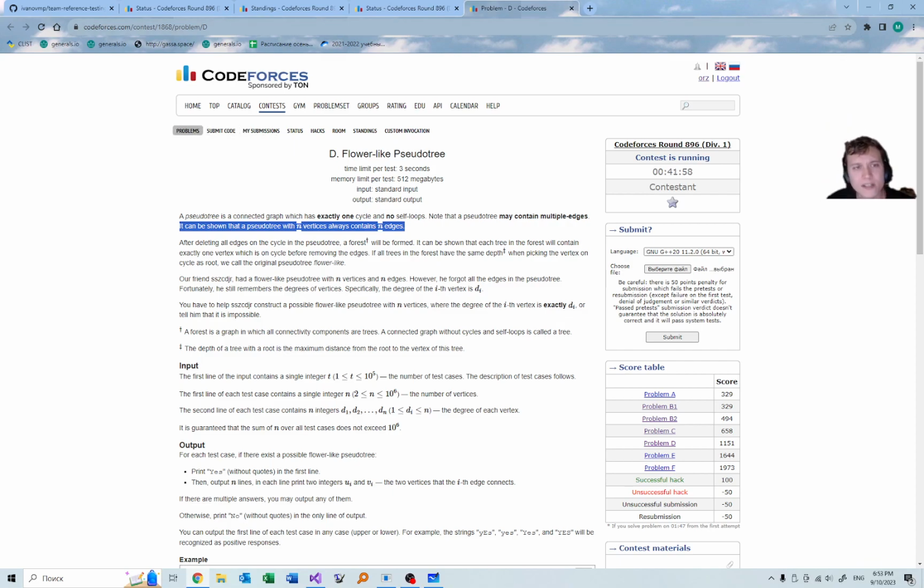After deleting all edges on the cycle in a pseudo-tree, a forest will be formed. It can be shown that each tree in the forest will contain exactly one vertex which is on the cycle before removing the edges.